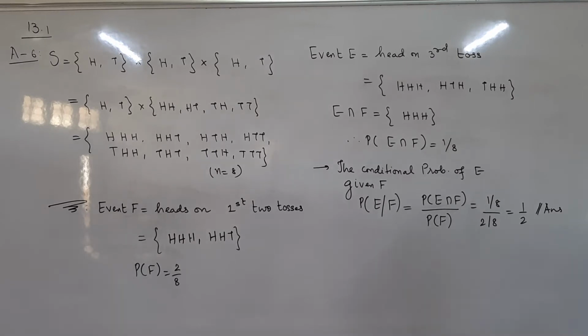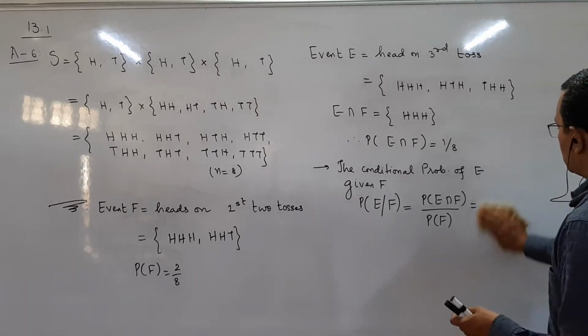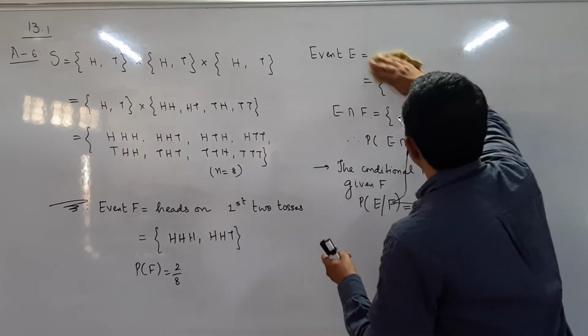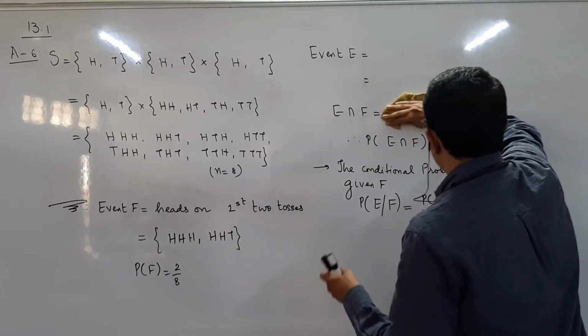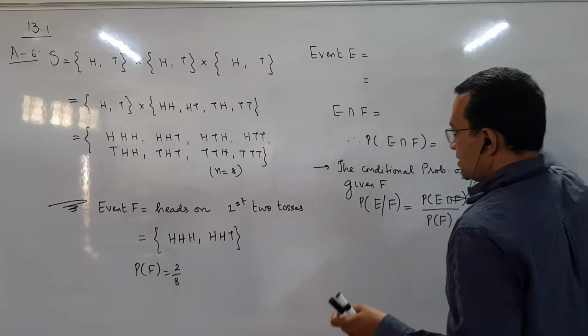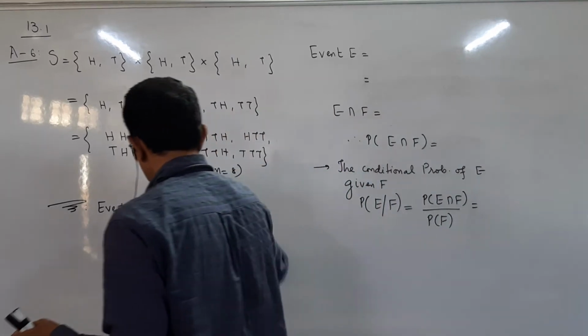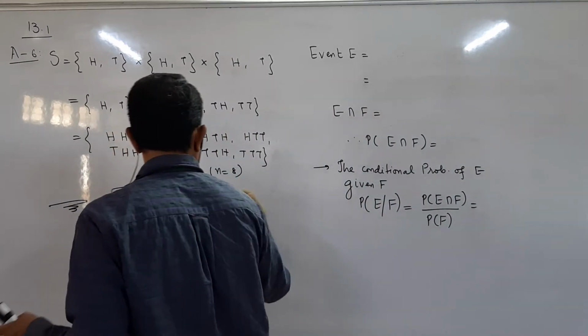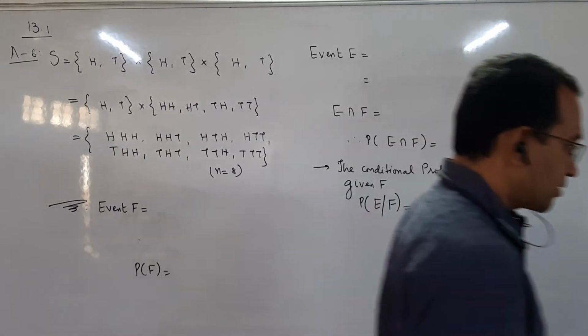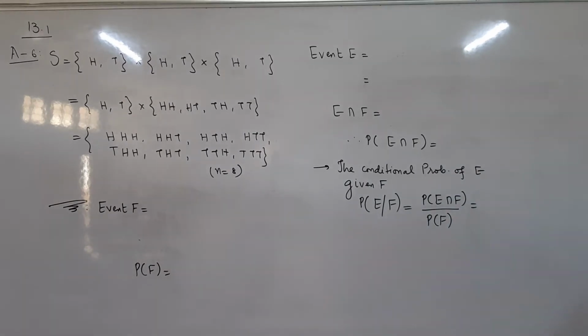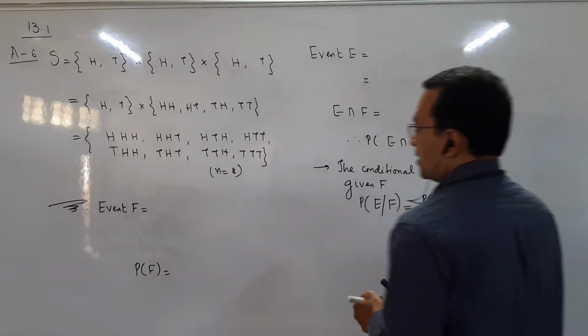Okay, now the second part of the sum we are doing. So I erase these events. The ways remain same. So when erasing these events, let us check what is event F. At the most 2 heads.